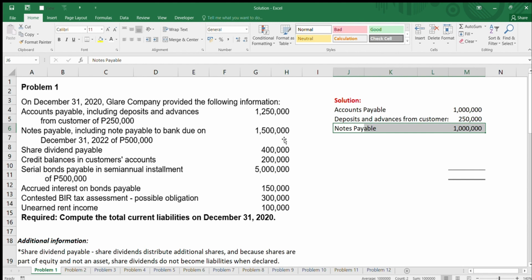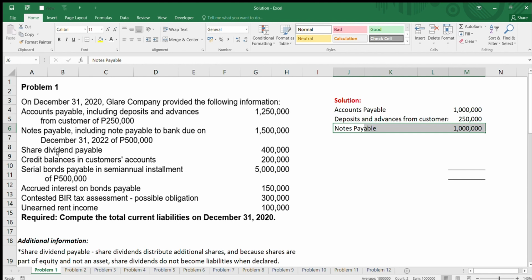So we will not include the share dividend payable. Again, remember, there are different kinds of dividends, but this particular dividend should not be included in liabilities.